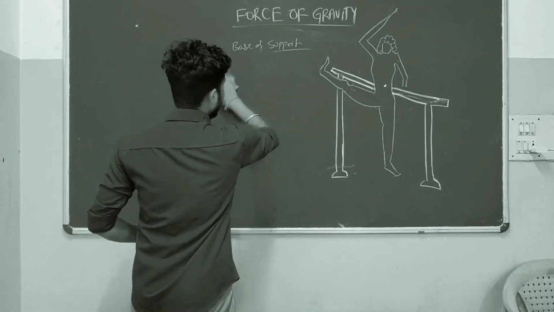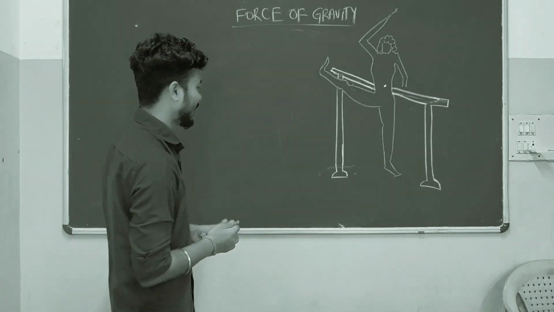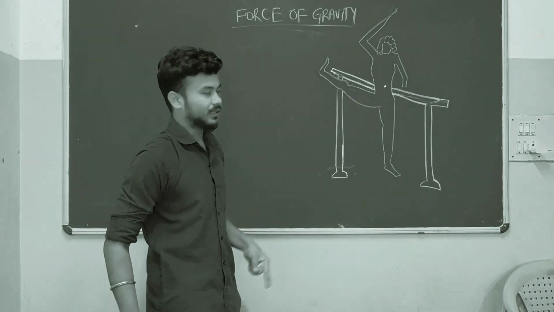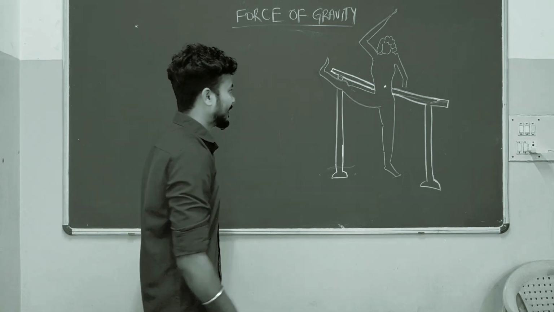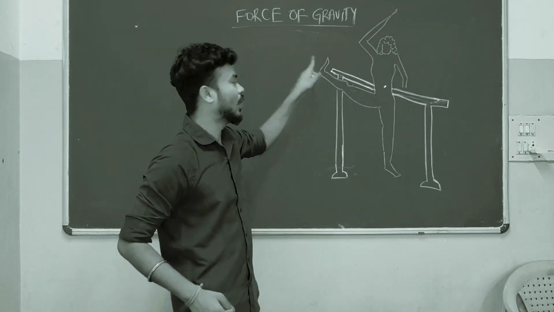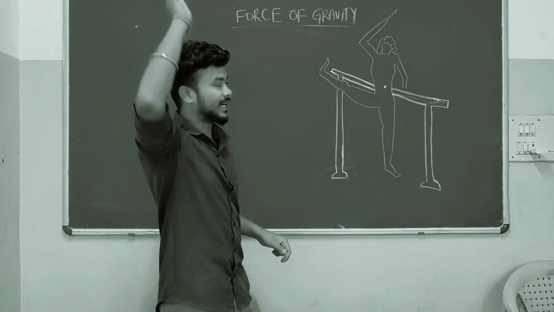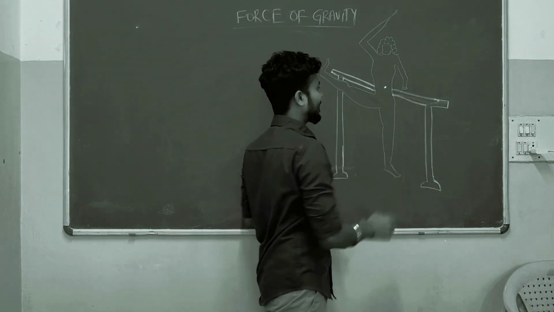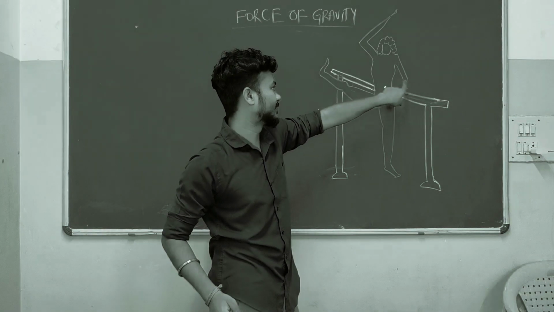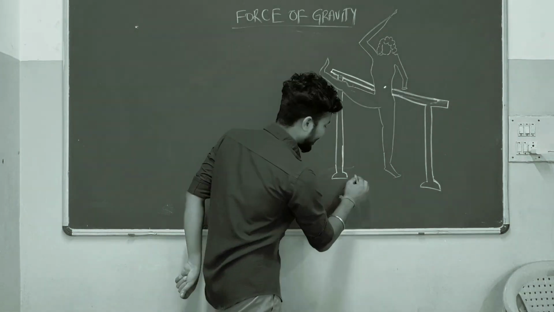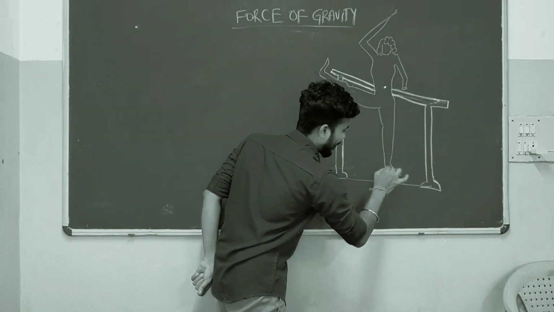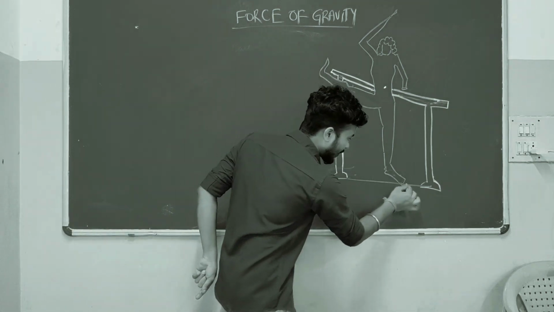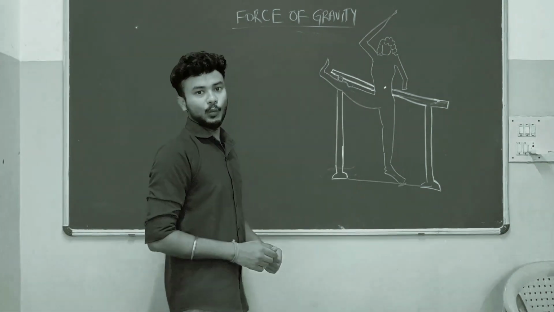What is base of support? Suppose one female is standing here. She lifted one leg in this pattern, and her hand also. This hand she is not touching the table, so she is in contact with the ground only with one leg.